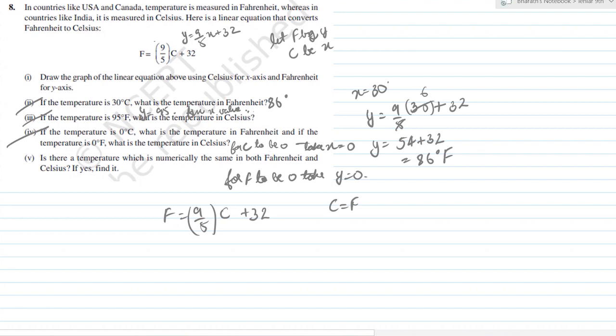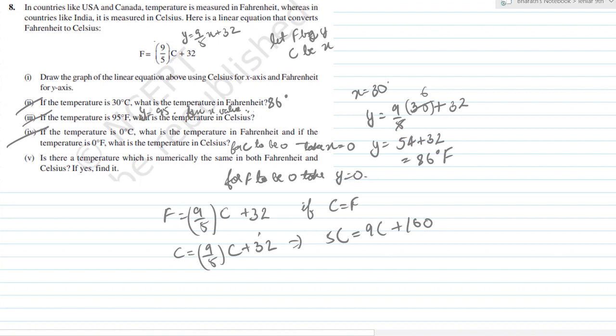So let's find out. If the Celsius scale reading and Fahrenheit scale reading are the same, then C is equal to 9 by 5 C plus 32, right? Now multiplying both sides by 5, 5C is equal to 9C plus 160, right?